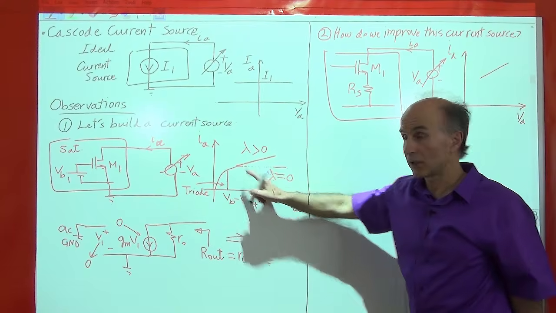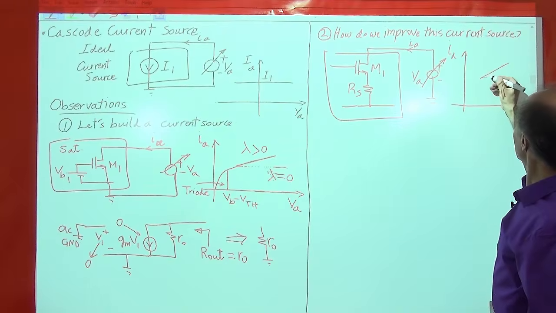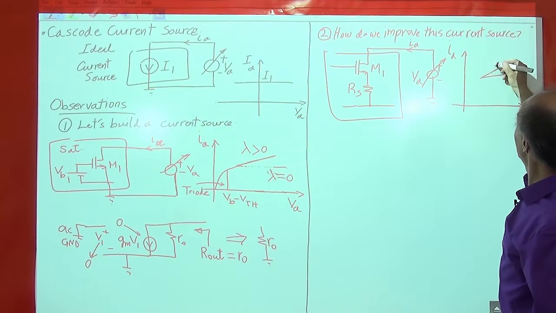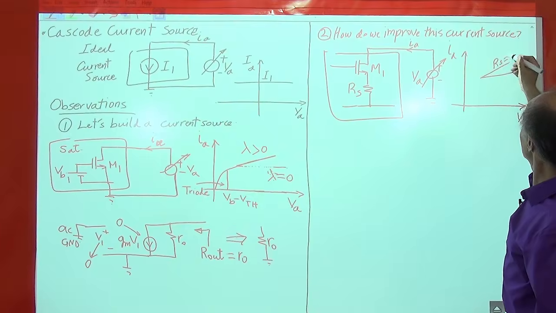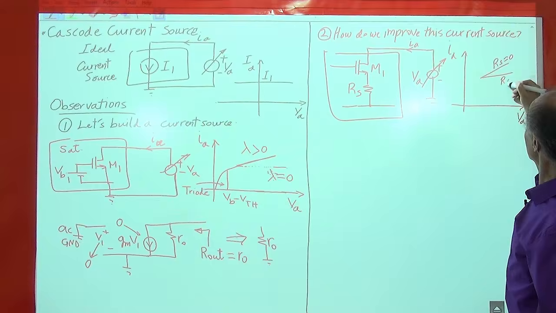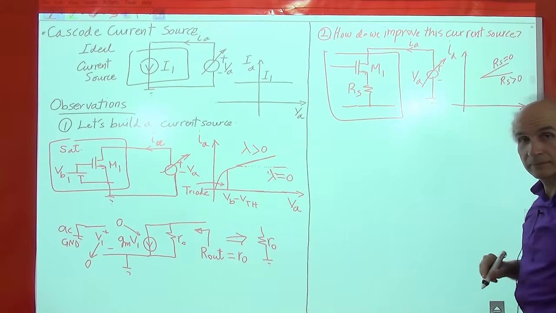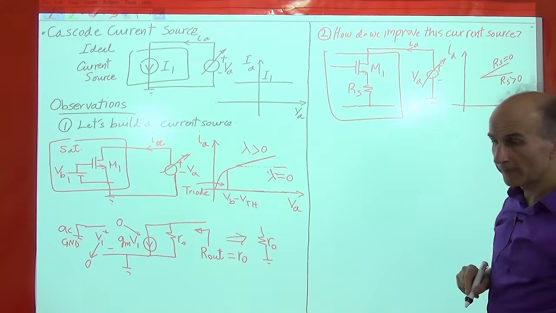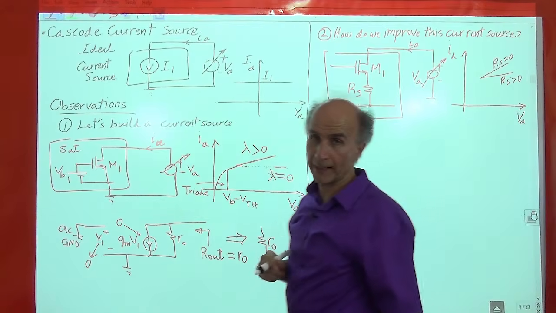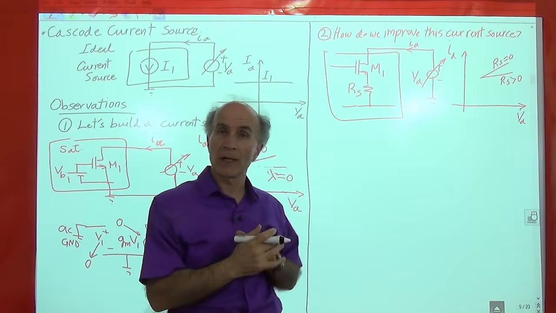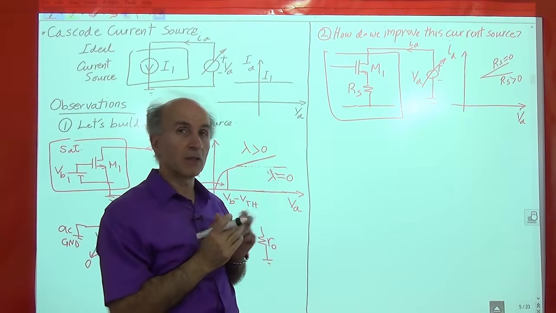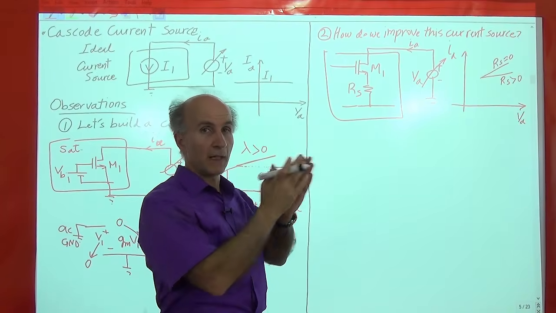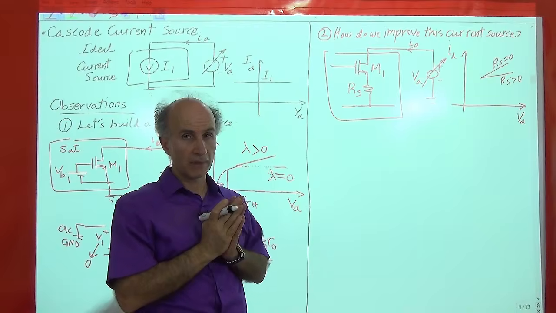Now with degeneration, we should get something better than that, right? So it's something like this. So this case was RS equals 0. This is RS greater than 0. Okay, so that's the hope that we have here. We will analyze it a little more and see, but degeneration is one step towards increasing the output impedance of the current source.